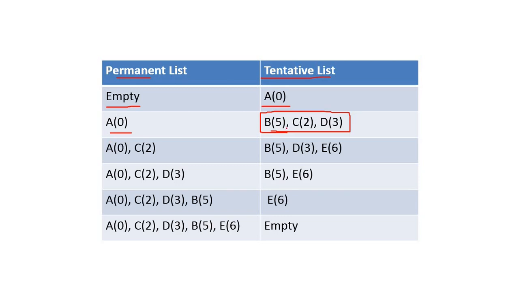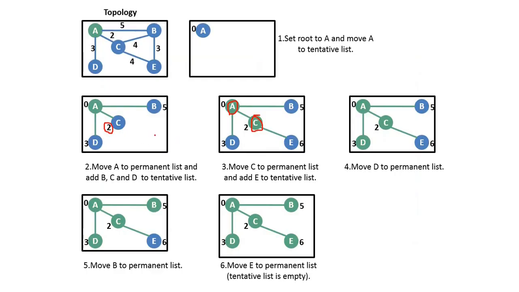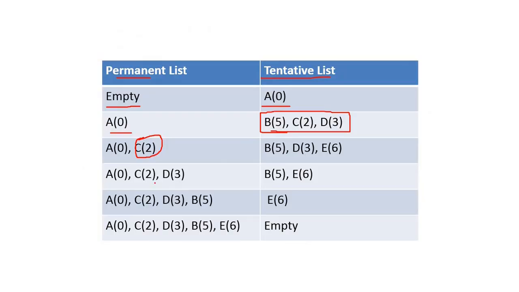Out of these three, we are adding C into the permanent list. Why? Because C is nearest. Next, two nodes remain, B and D. Out of B and D, D is nearest. So next, we will add D into the permanent list, and we will add E into the tentative list.